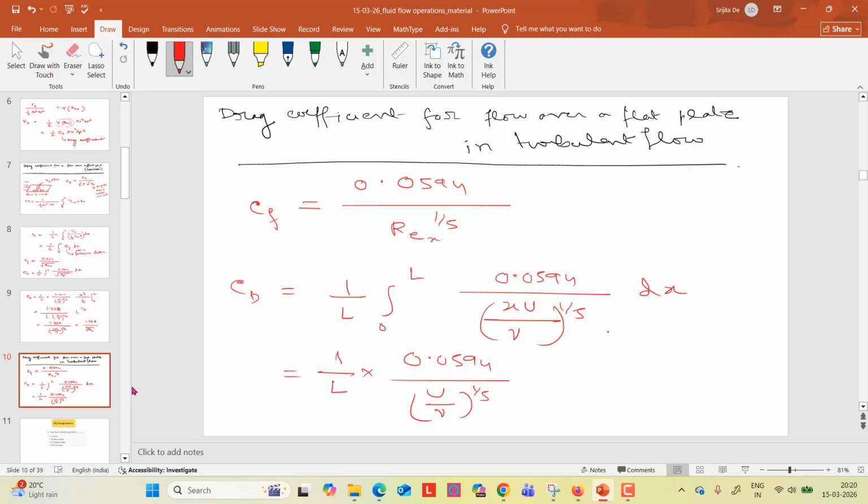So it is x to the power minus 1 by 5 dx, right? So it will be x to the power (minus 1 by 5 plus 1) divided by (minus 1 by 5 plus 1) from 0 to L.